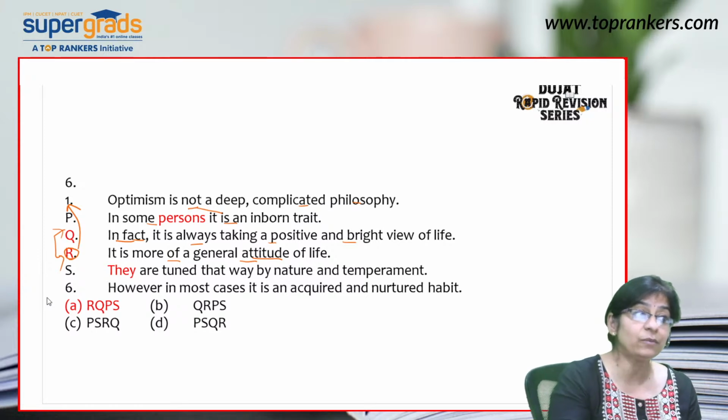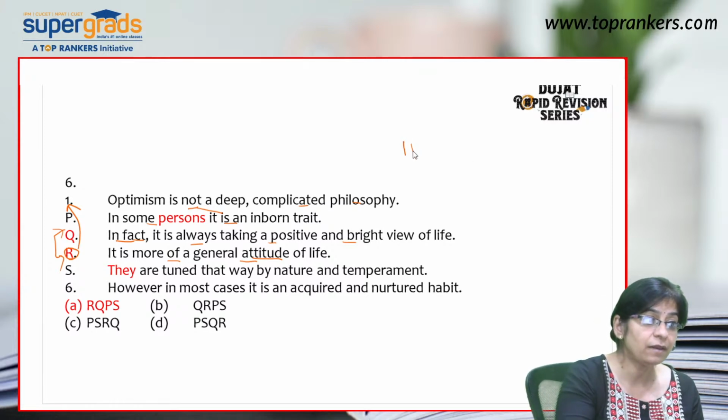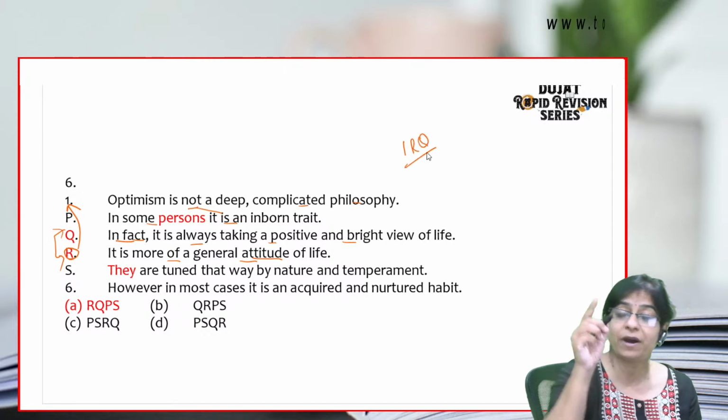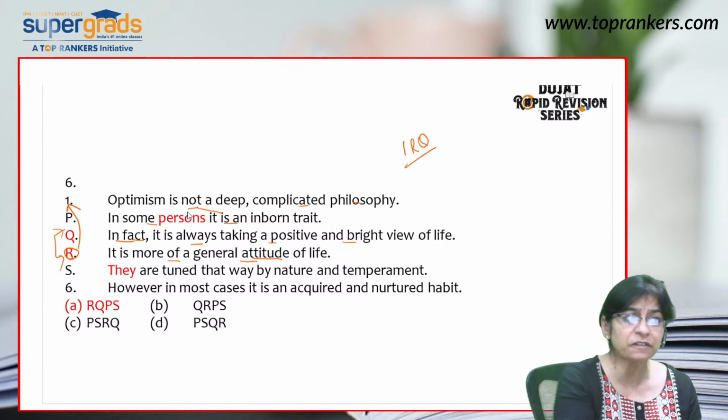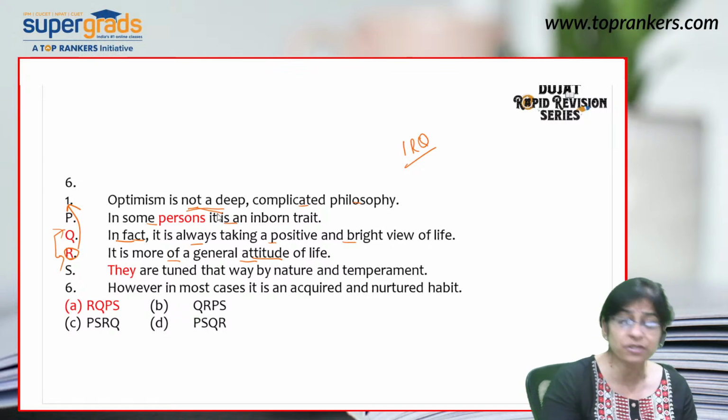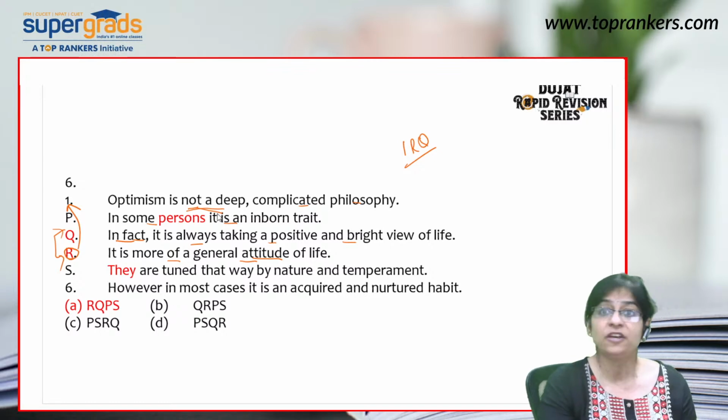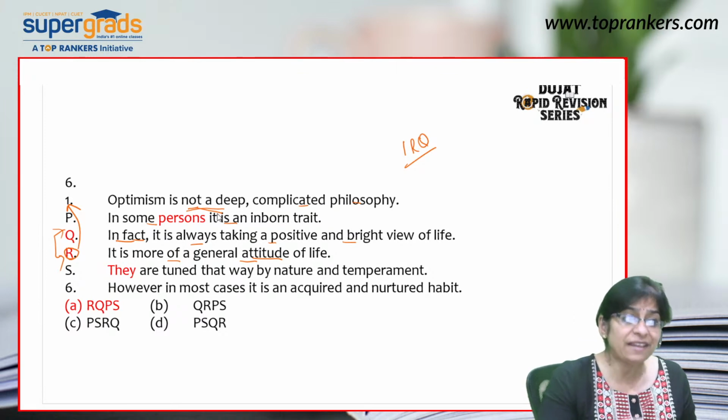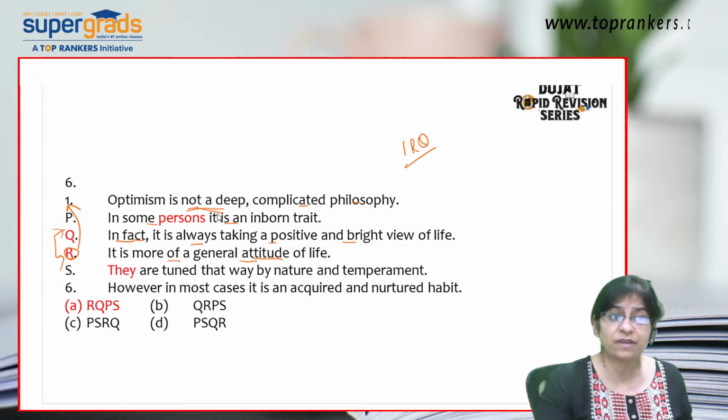And then the other one, R and Q form a pair. Why? The first statement says optimism is not a deep, complicated philosophy. So if it is not that, what is it? It is a more general attitude of life. In fact, it's always taking a positive and bright view of life.